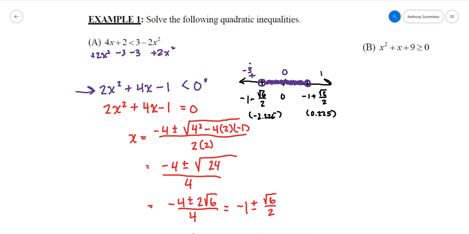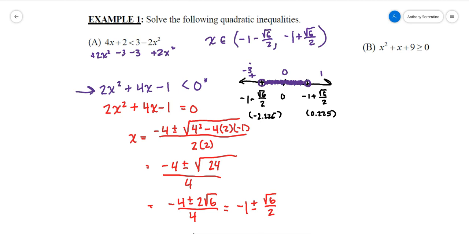So what I have here is my number line, which describes my solution. Therefore my solution in interval notation is -1 minus the square root of 6 over 2 to -1 plus the square root of 6 over 2.